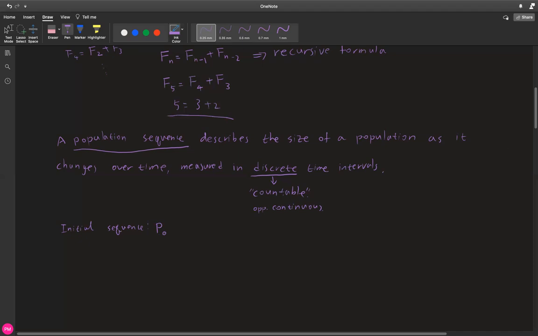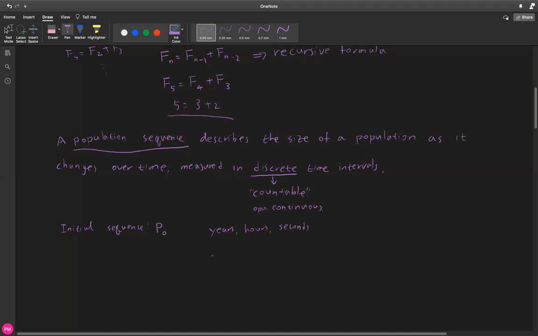That's what you're starting with. And after time goes by, a discrete measure of time, it could be years, hours, or even seconds. These are all discrete time intervals because we can count the number of years, hours, and seconds that have elapsed.